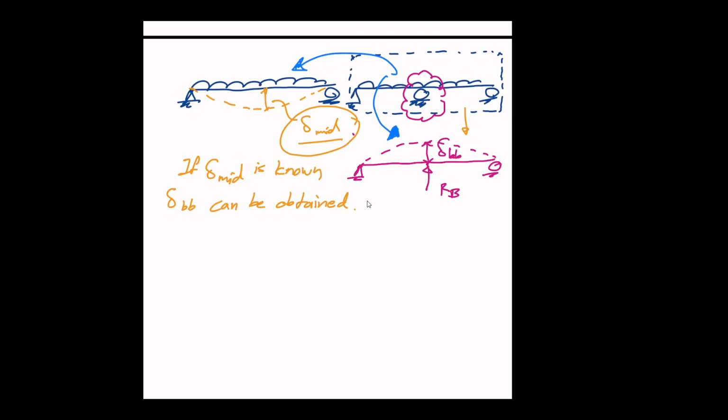We obtain this by establishing the compatibility equation. I can simply say delta midspan plus delta BB is equal to 0. That becomes our compatibility equation.